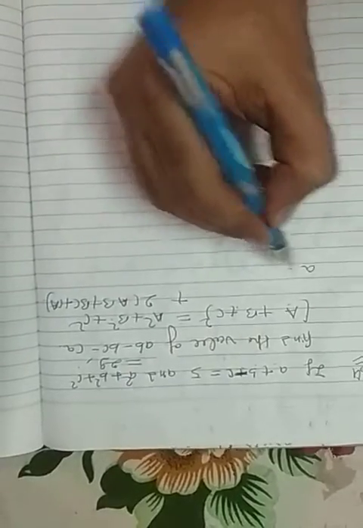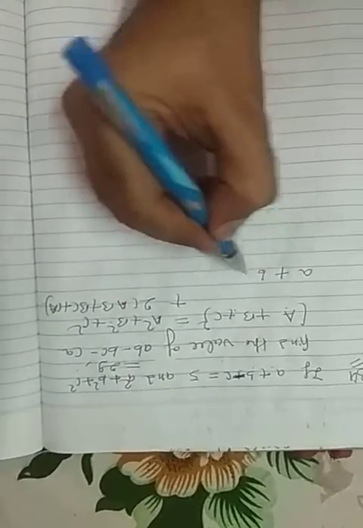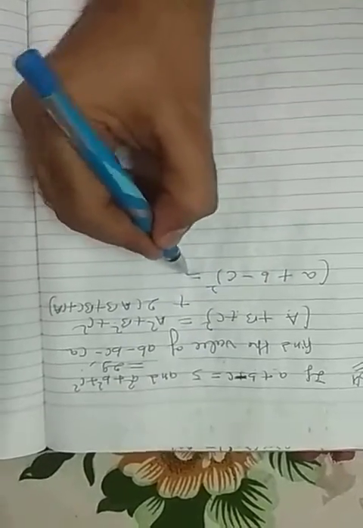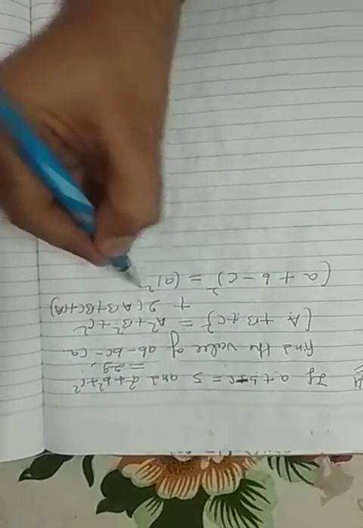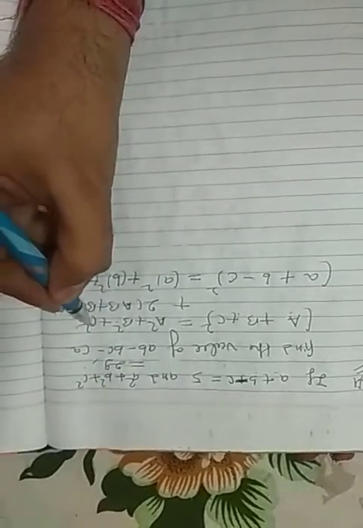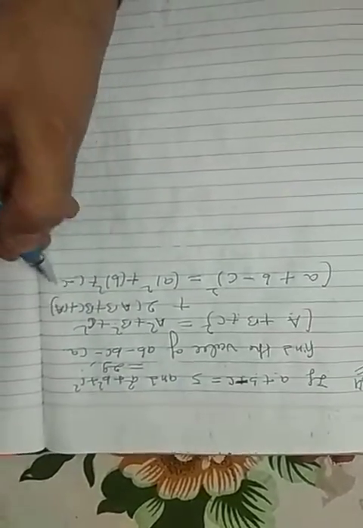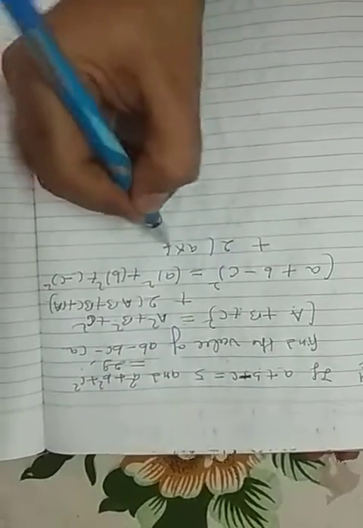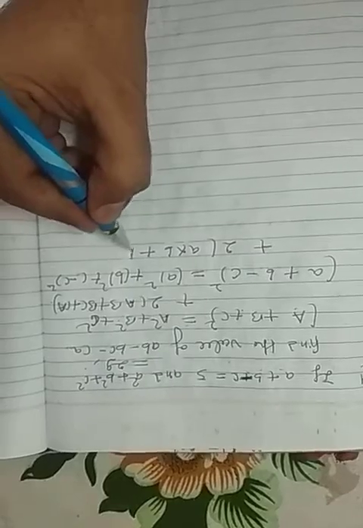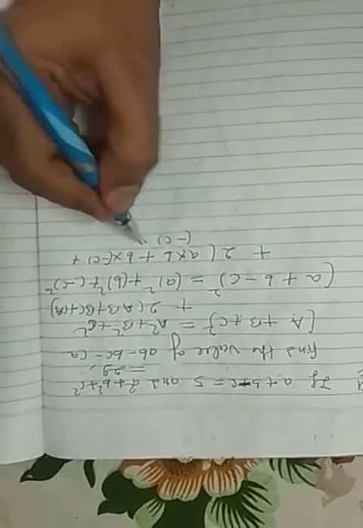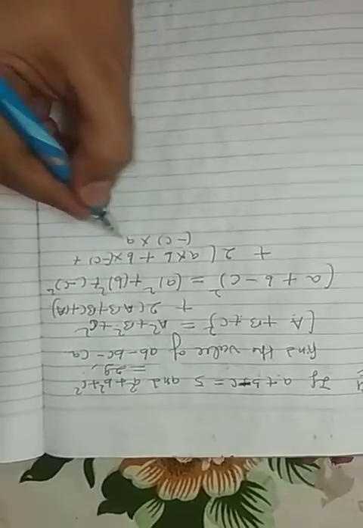Suppose capital A is a, capital B is b, and capital C is minus c, with negative sign. So a square plus b square plus capital C square, that is c square, then 2 into a into b, b into minus c, and minus c into a.